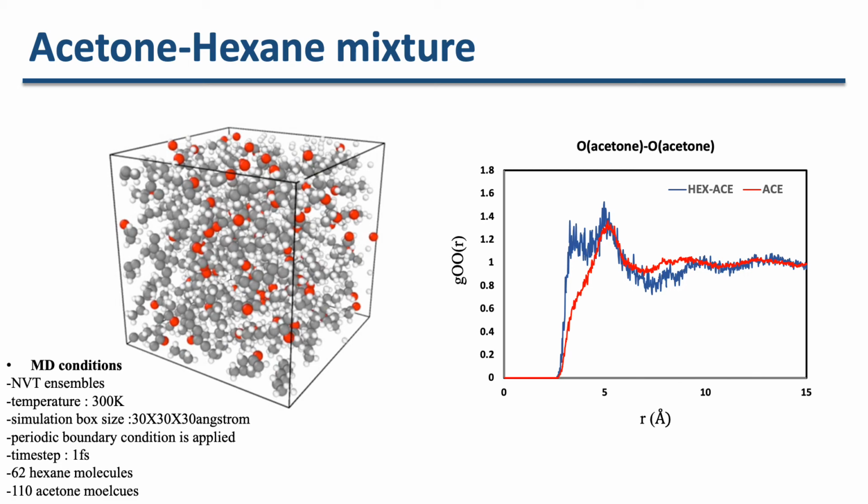So the red line is from the pure acetone, which I already mentioned before, and the blue line is for this acetone hexane mixture. So it is very obvious that the distance between oxygens of acetones is closer compared to the pure acetone.